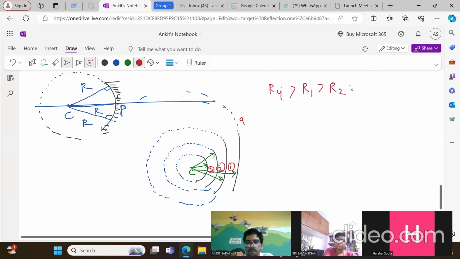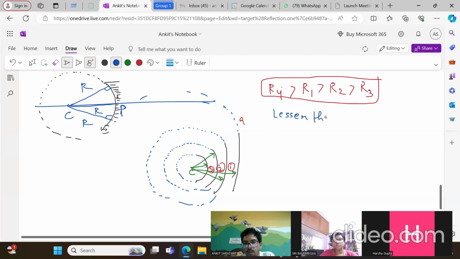So the radius of curvature order: the more the radius, clear? Steeper; you can write the lesser the radius, the lesser the R.